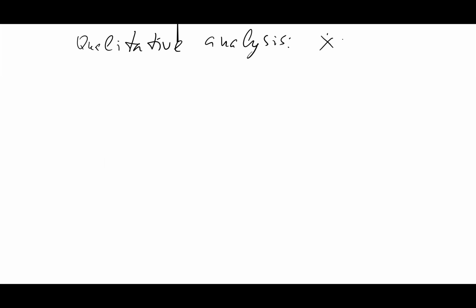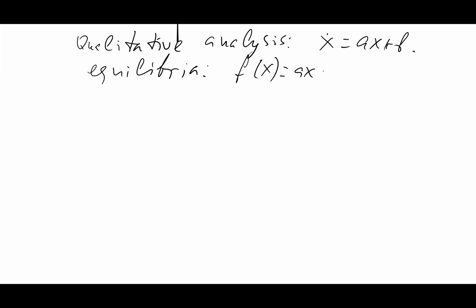So again, x dot equals ax plus b. We find the equilibrium: f of x equals ax plus b equals 0. And from here we find the equilibrium x equals minus b over a.